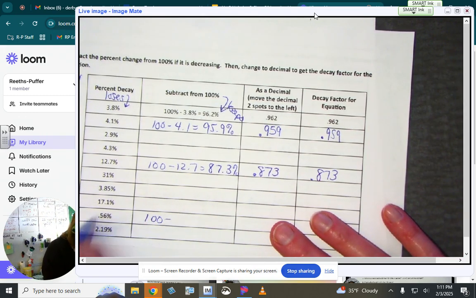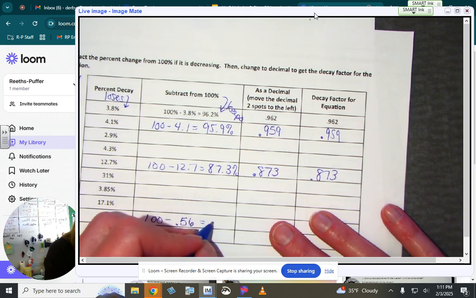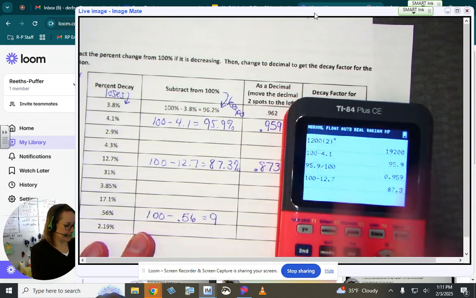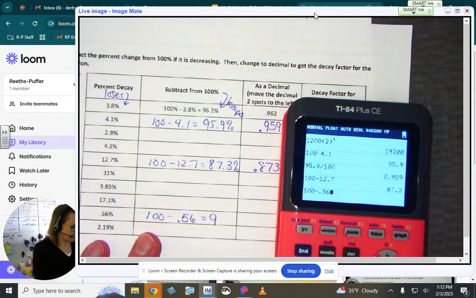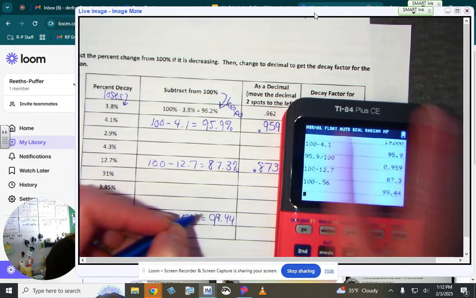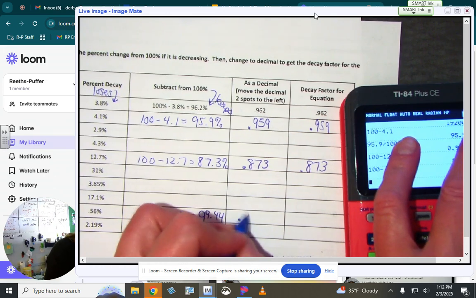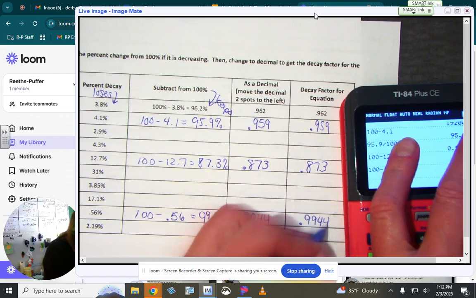And we can see that if it loses something very tiny, like 0.56%, we're still going to have something like 99.44. Move that 2 decimal places. We find that multiplier factor.